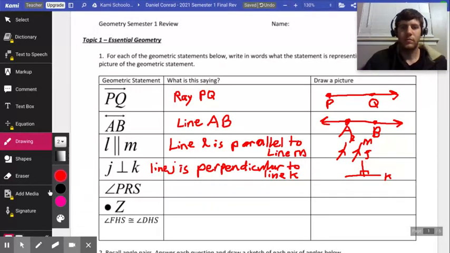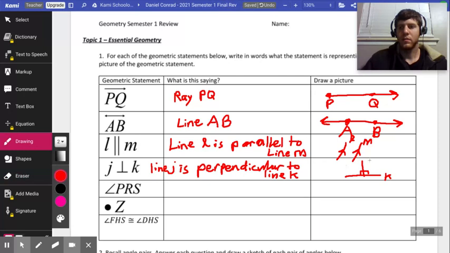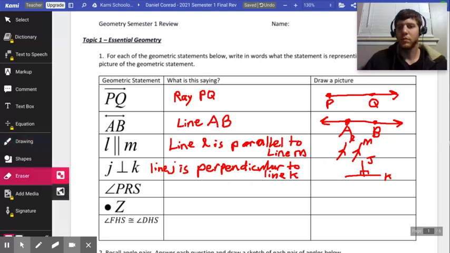Make sure we see that this is J down here. This is line J, that's line K. Really should be a lowercase j.